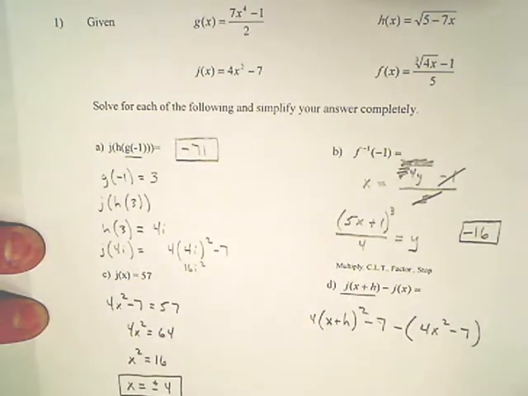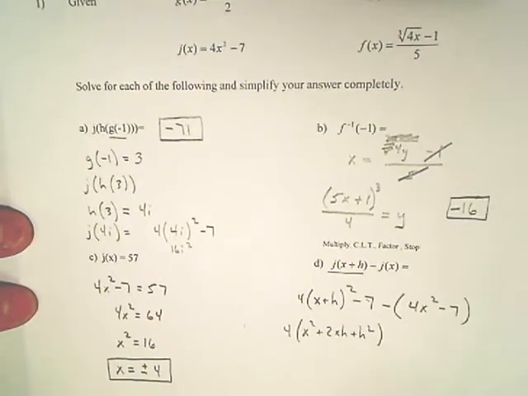That's the first part of our special instructions. So x plus h squared, I'll go ahead and write out x squared plus 2xh plus h squared. There's the minus 7. I'll go ahead and distribute that negative. I'm going to get rid of those parentheses, distributing this 4.